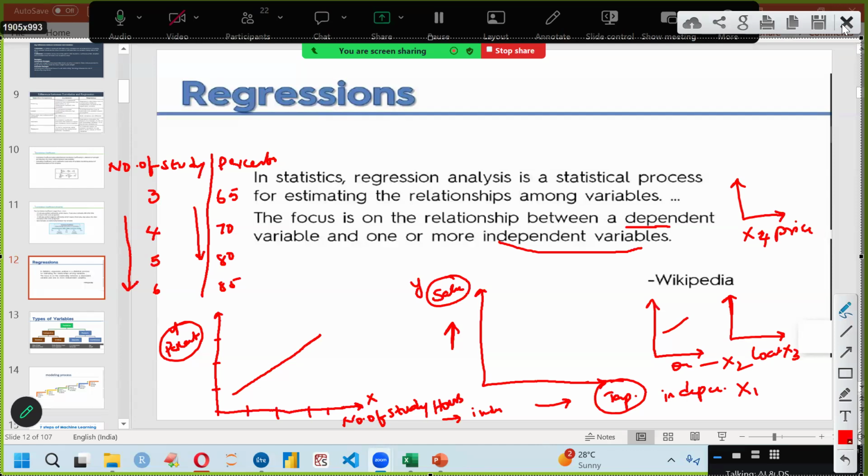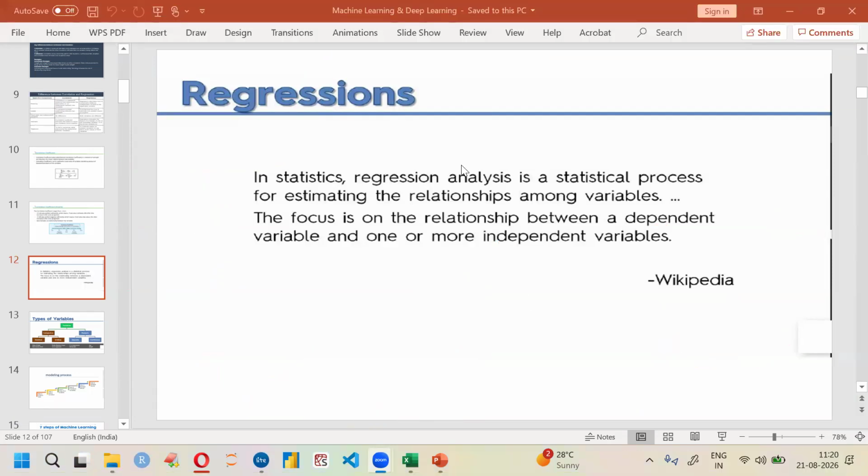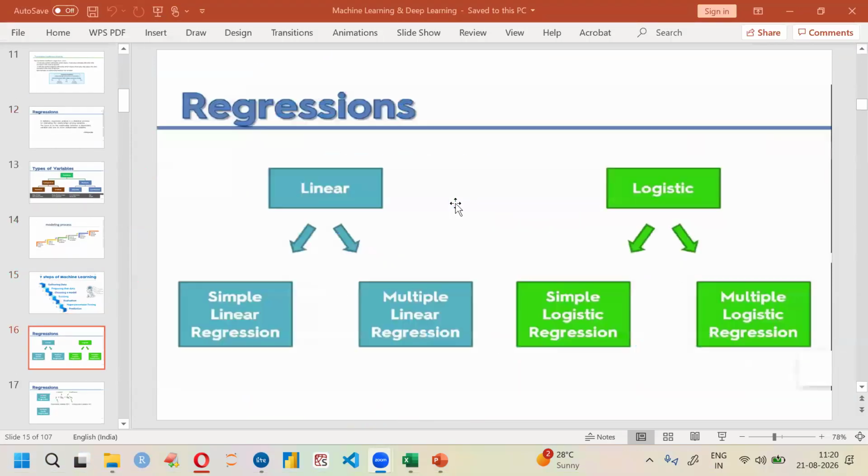So when you have one independent variable and one dependent variable, we call it simple linear regression. And when you have one dependent variable and multiple independent variables, we call it multiple linear regression.